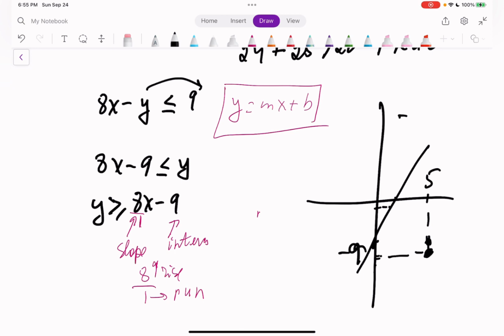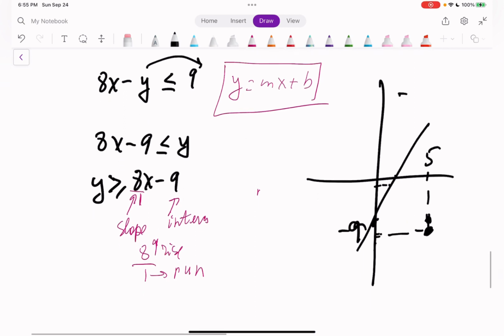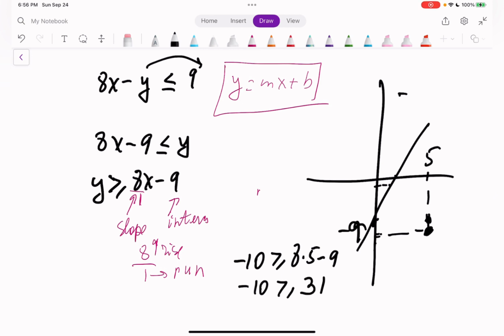Okay, it's not proportional, but whatever, negative 10. So my y is negative 10, greater or equal 8 times 5 minus 9. Is this a true case? No. Negative 10 greater or equal 40 minus 9, 31. So it's false.